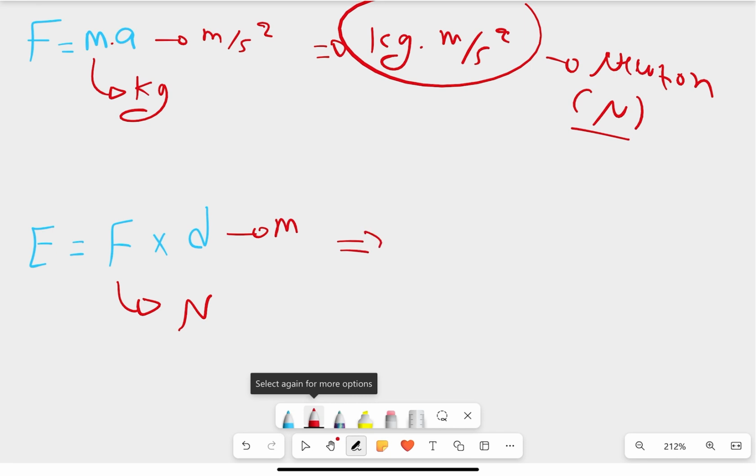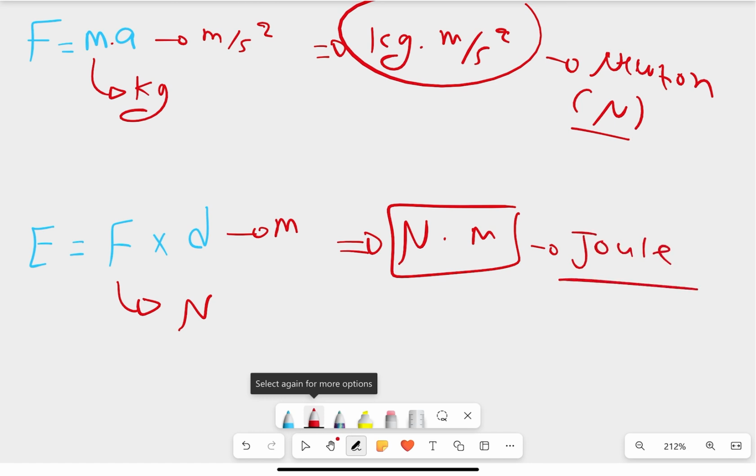So the final unit will be what? Multiply Newton by meter. So Newton dot meter. And this is called what, guys? This is called joule. Okay, so anywhere you see this unit, Newton dot meter, it is called joule.